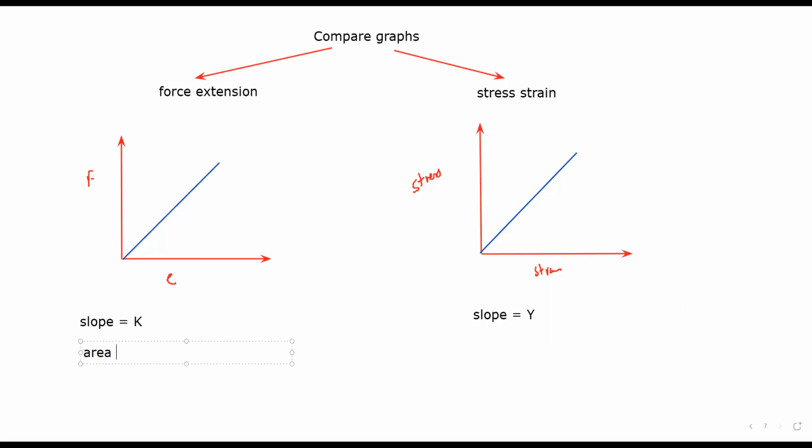The area under the graph represents energy stored, and here the area under the graph will give us energy density. How is energy stored, and what are energy densities?